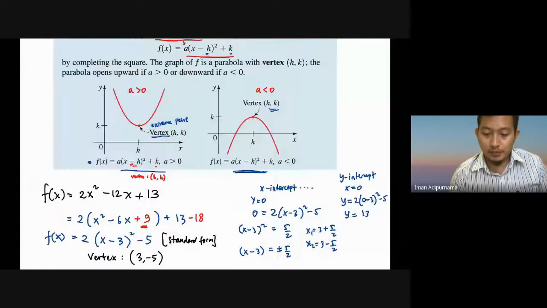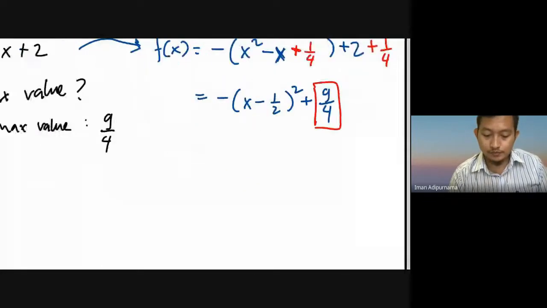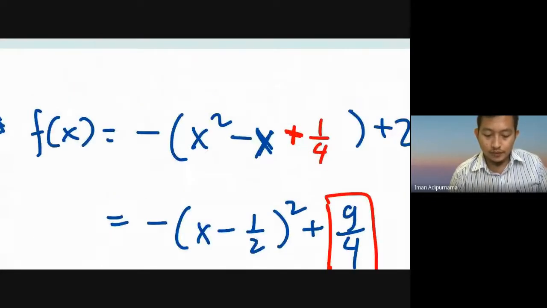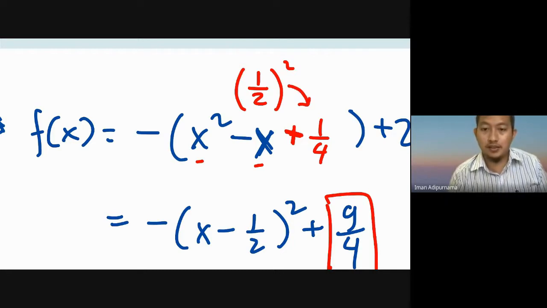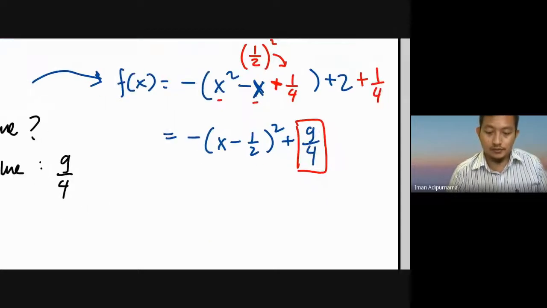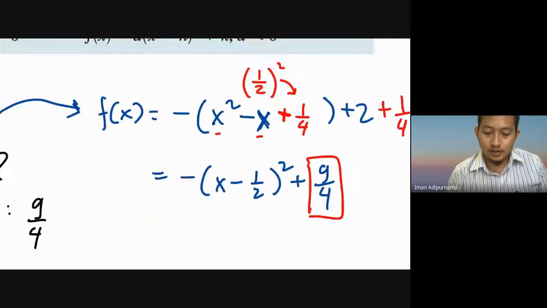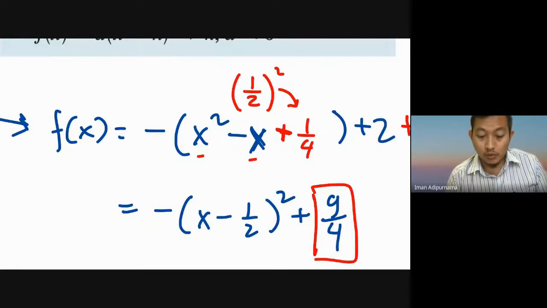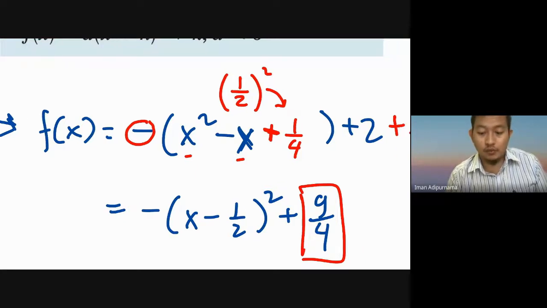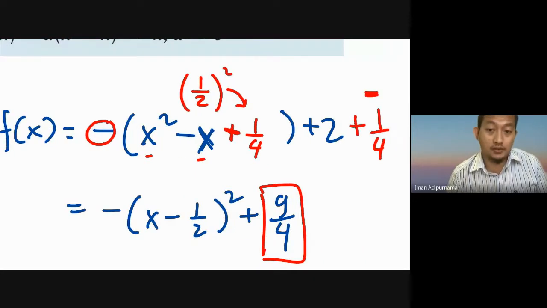Same thing actually happened in this part: we have 1 divided by 2, squared, and then it's 1 over 2. Get it? But because this is plus 1 over 4, and then you see this minus, so it's actually minus 1 over 4. So you need to add 1 over 4 to make it correct.